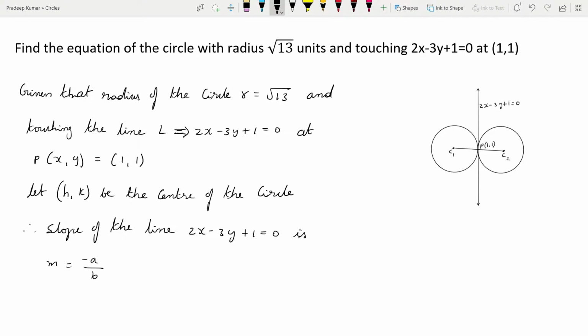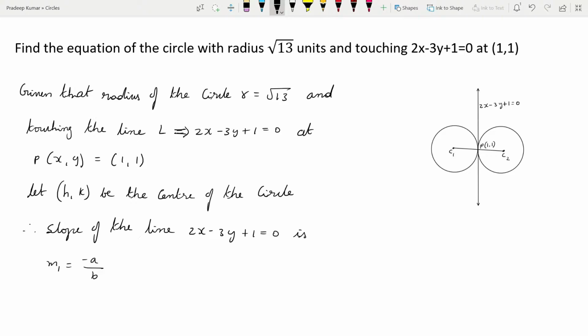This particular m I'm taking as m1. We also have to find the slope of the line c1 c2, the line joining the two centers, which we will take as m2. So for this line, I'm taking m1 and finding the slope.